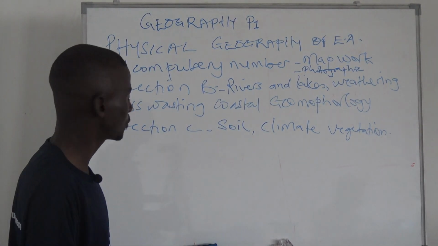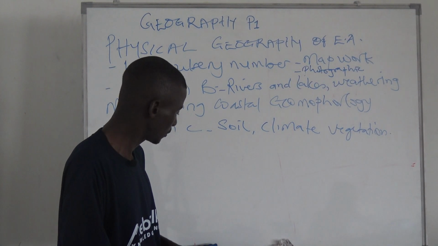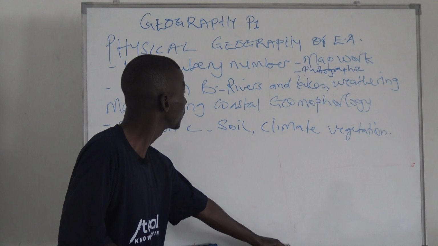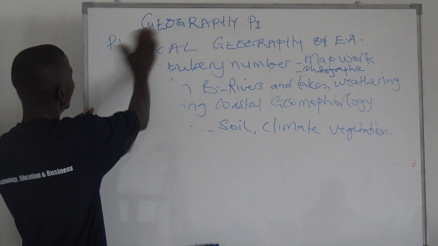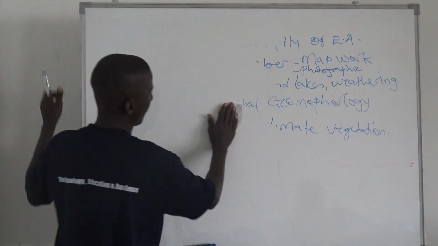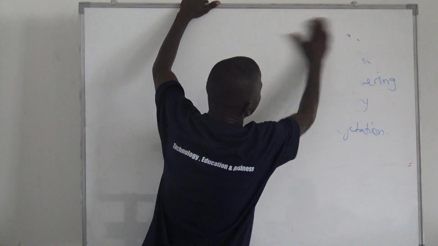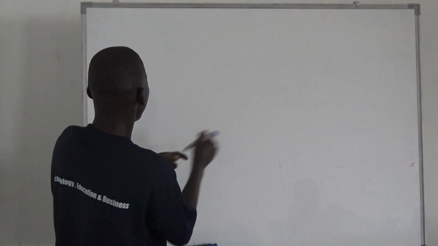Photographic interpretation also takes 25 marks. So today's lesson is going to be on map work, which is compulsory and takes 25 marks.